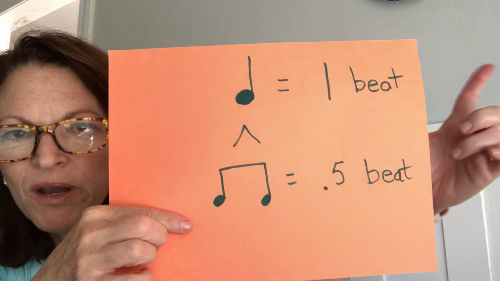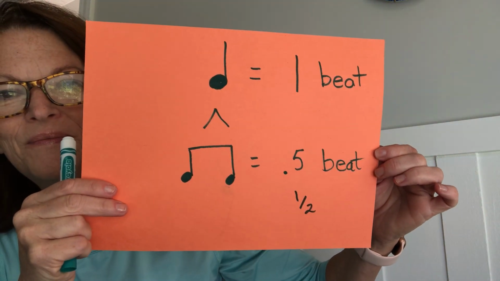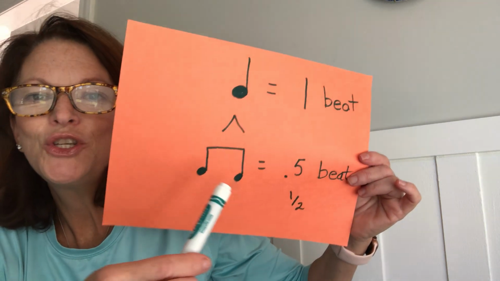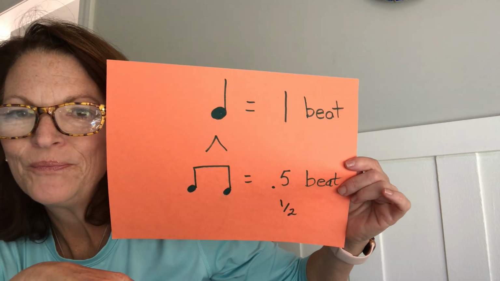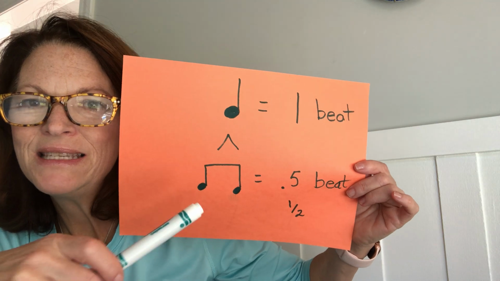You can write it in 0.5, or you can also use the fraction 1/2. The quarter note divides into 2 1/8 notes. They fit together. Ta, ti, ti, ta, ti, ti.